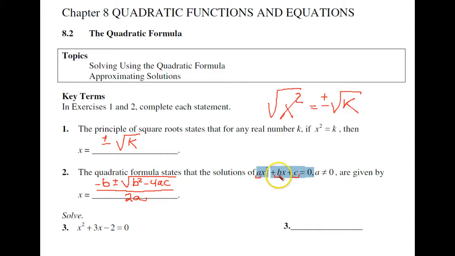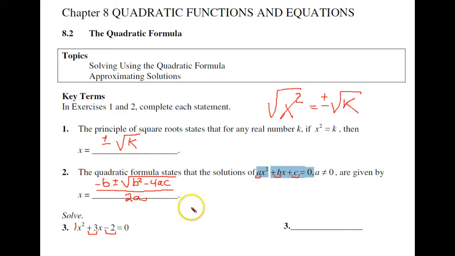So one of the main things we need to do as we use the quadratic formula is to be sure we have a, b, and c in standard form and not spread out all over the place, as you'll see. So what is a here? Well, a here is going to be 1. We don't write it, but we need a 1 for a. What is b here? Well, b will be a positive 3. And what is c? c is going to be a negative 2.